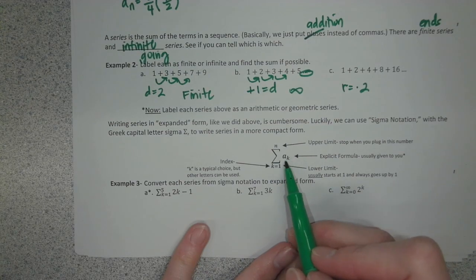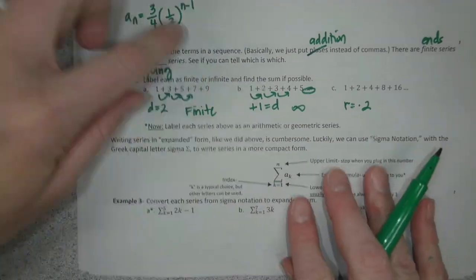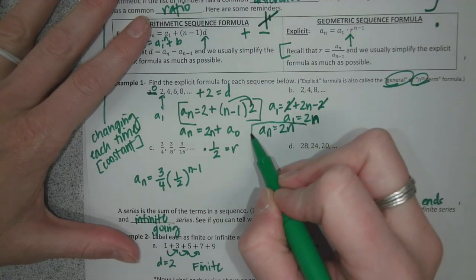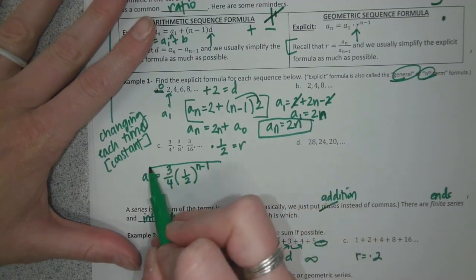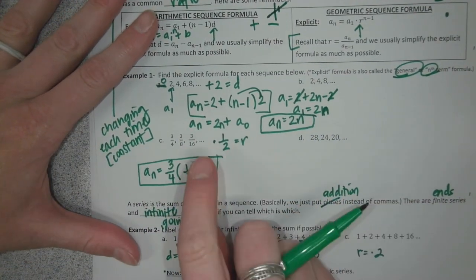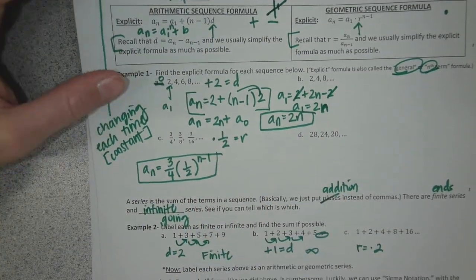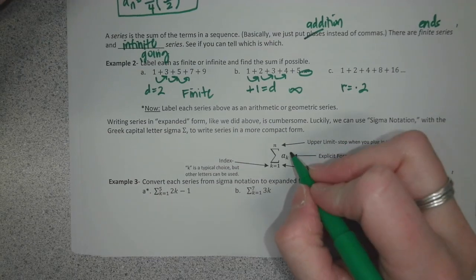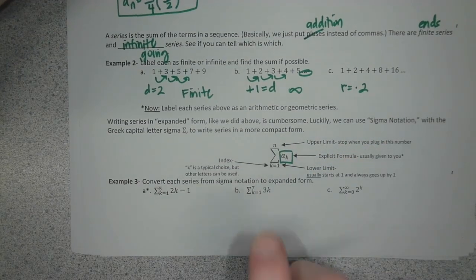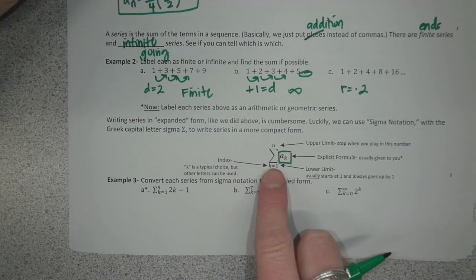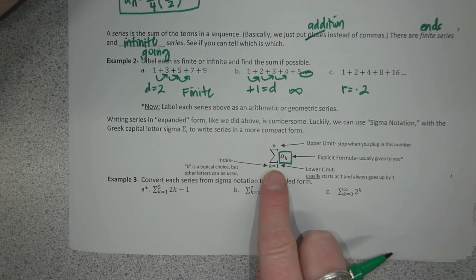Our formula goes here, like the ones we wrote down. If we have an exponent, it's geometric. If we don't have an exponent, it's arithmetic. And this is just saying where we're going to start. Usually we start at 1.